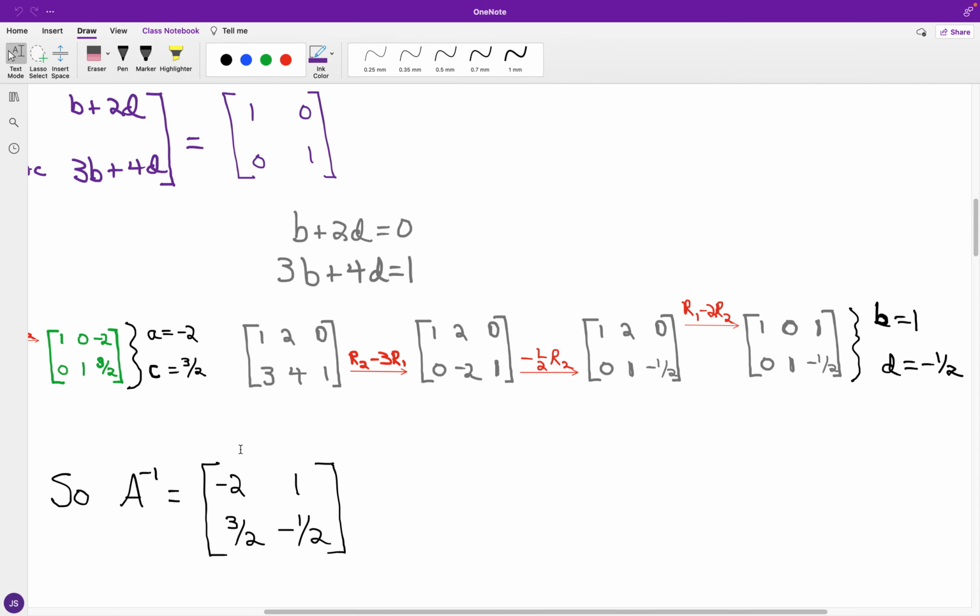So consolidating, our inverse matrix of A is going to be negative 2 and 1 in the top row, and the bottom row we have 3/2 and minus 1/2.